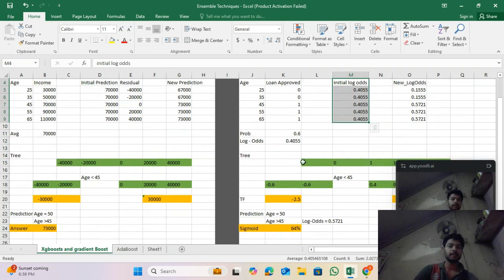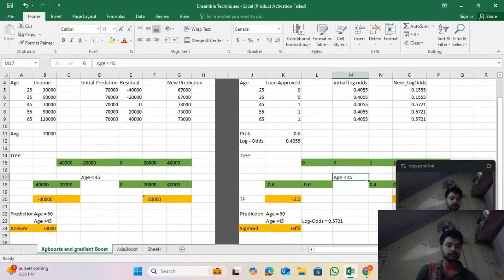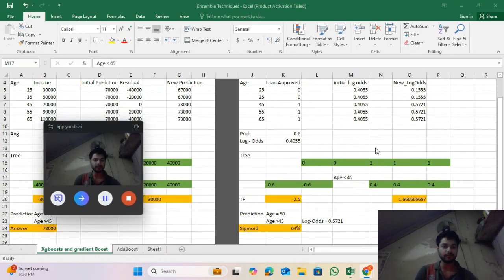Then you find out that your best split is at age less than 45. So what you'll do is you will split on this criterion, and when you split you will calculate the probabilities, not the initial log odds.